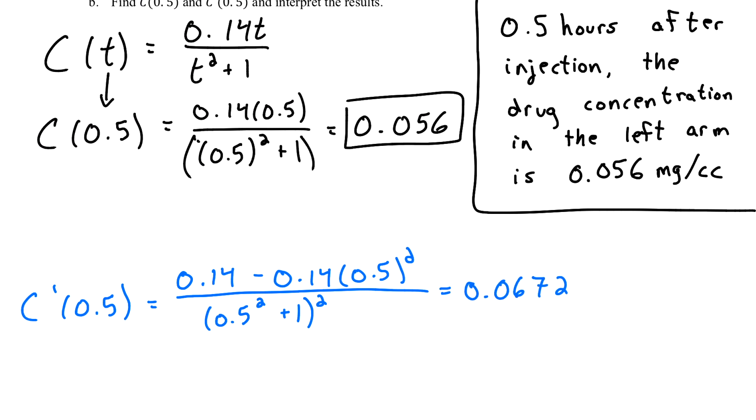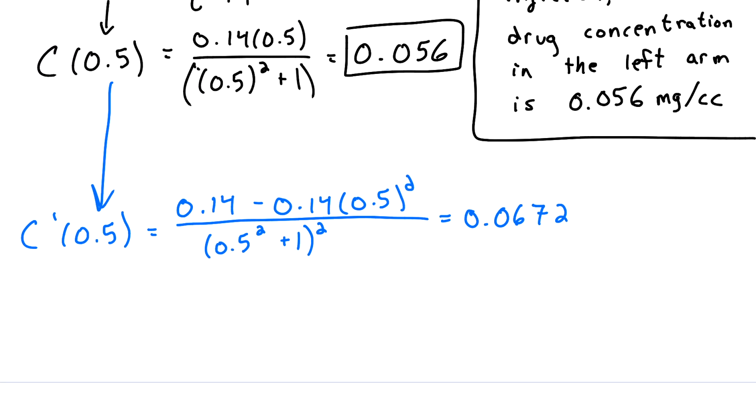0.0672. So if I want to talk about what this number means, first of all, t hasn't changed. t is still 0.5, so a half an hour after the injection. So half an hour or 0.5 hours after the injection.